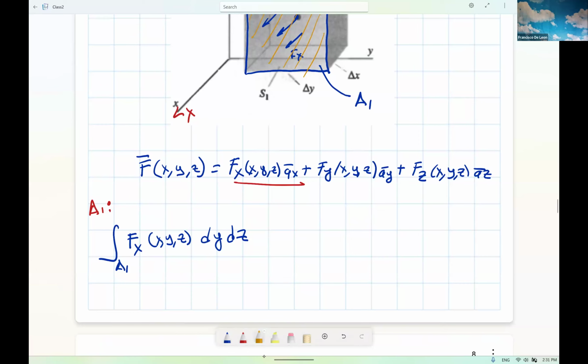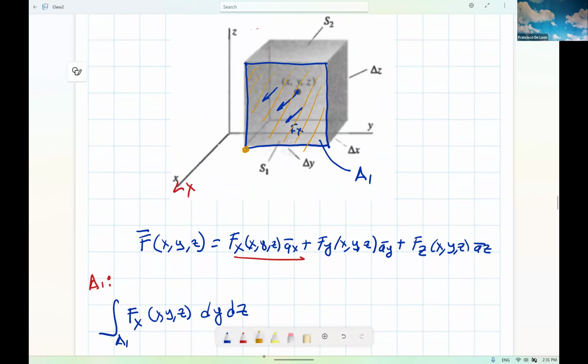Okay, so let's see what are the coordinates of these points. The coordinate of that point over here will be x plus delta x by 2, because this measures delta x, so it's pushed forward delta x by 2.